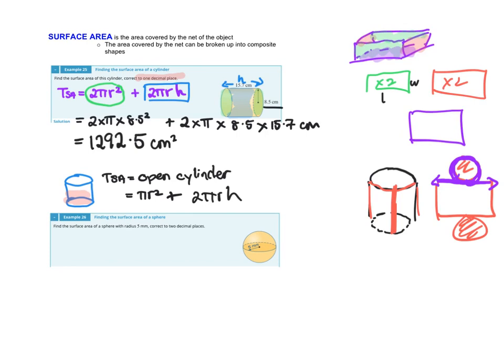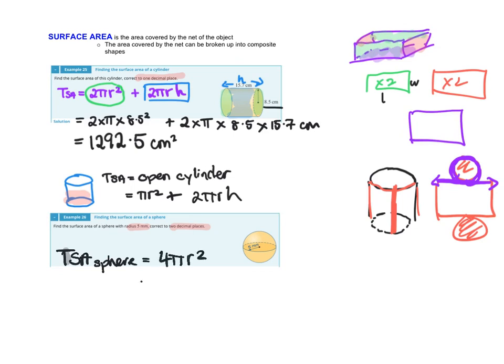Okay, so the next one down the bottom here is find the total surface area of a sphere with radius 5 millimetres, to 2 decimal places. So who can go look up the sphere formula? What's the total surface area of a sphere? 4 pi r squared.